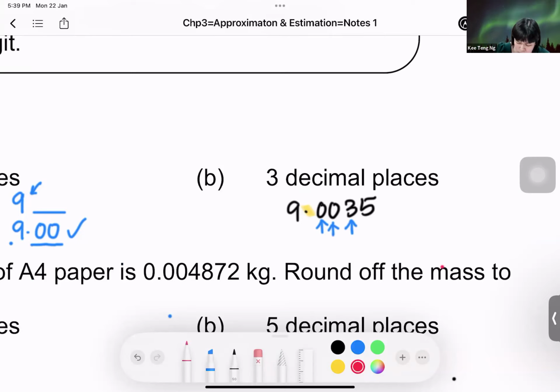Then I need to look at the number behind it. This is 5, so I need to round up the number and it will become 9.004 now. And I'll count this number. First decimal place, second decimal place, third DP. So this will be accurate to 3 decimal places. Have you gotten the concept?